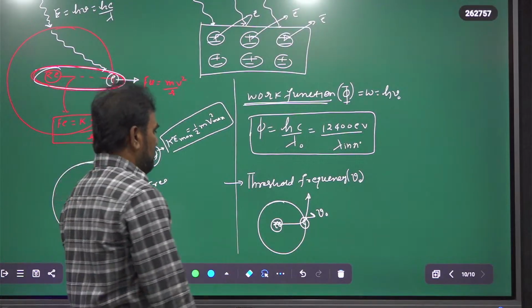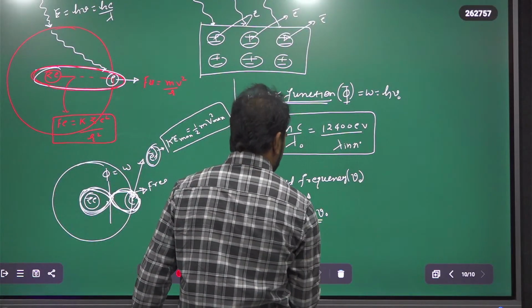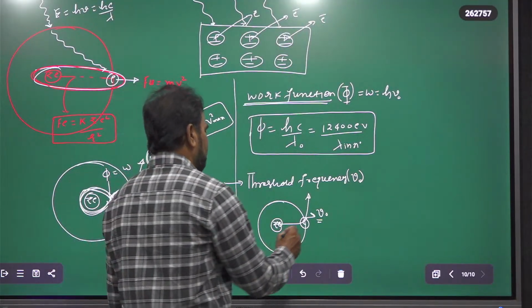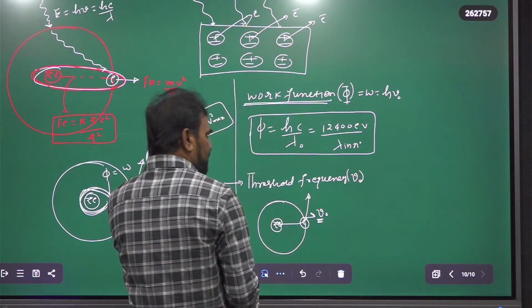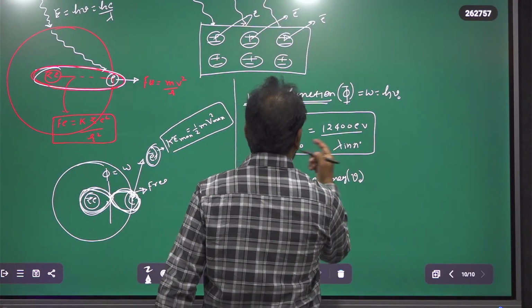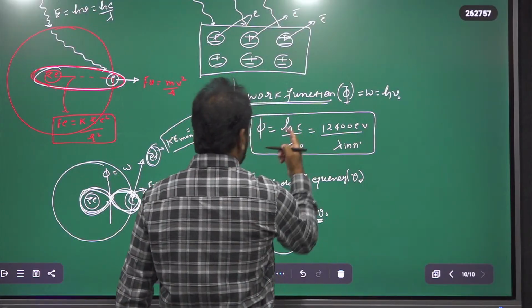Okay. This is called the threshold frequency. Threshold frequency means the minimum frequency required for an electron to recoil from its orbit. Nu naught is called the threshold frequency.